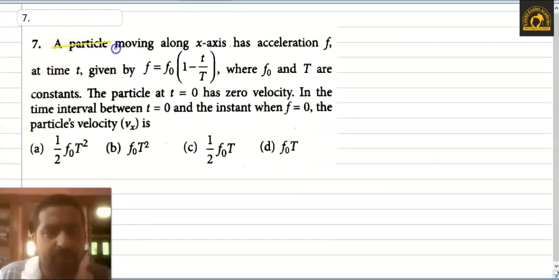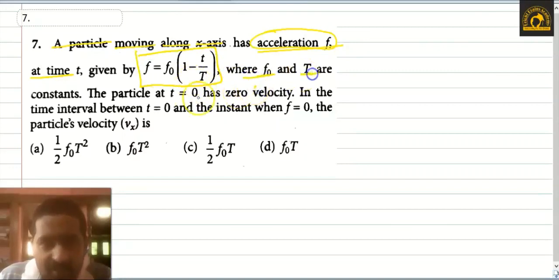Okay, so let's see. A particle moving along the x-axis has acceleration f, and the time is t. It is given that f is equal to f naught into 1 minus t by T, where f naught and T are constants.